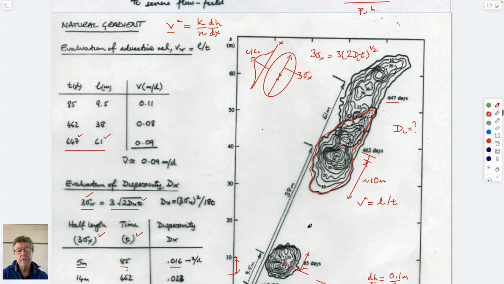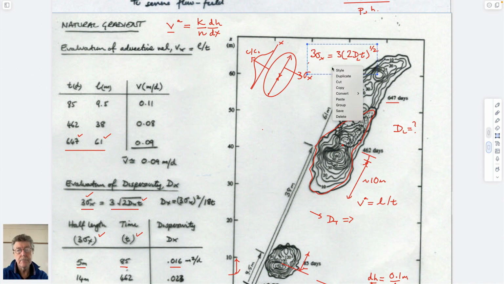We can do the same thing for the transverse dispersivity. This would be d sub L, d sub T, and the same equation is used for that.